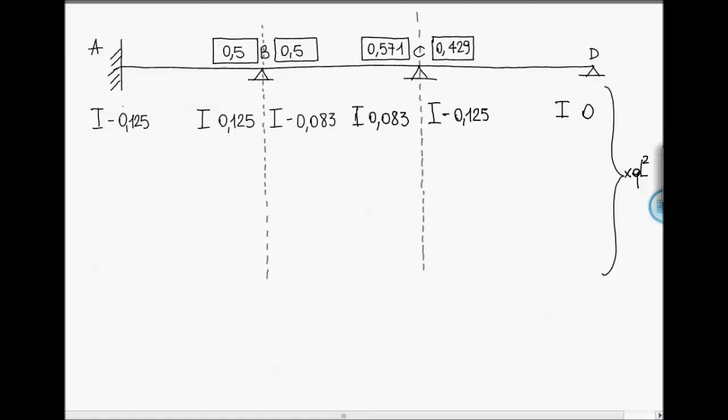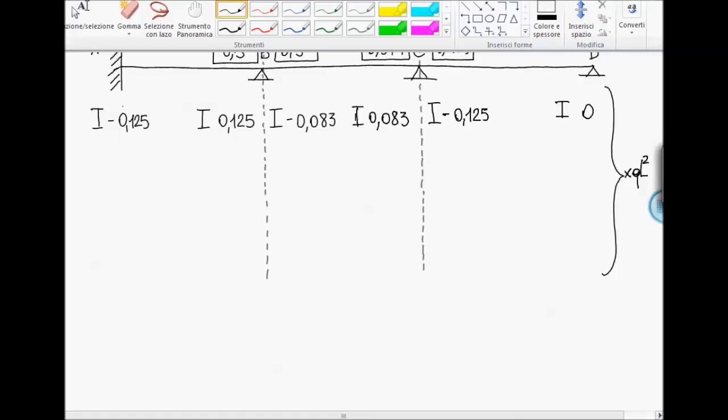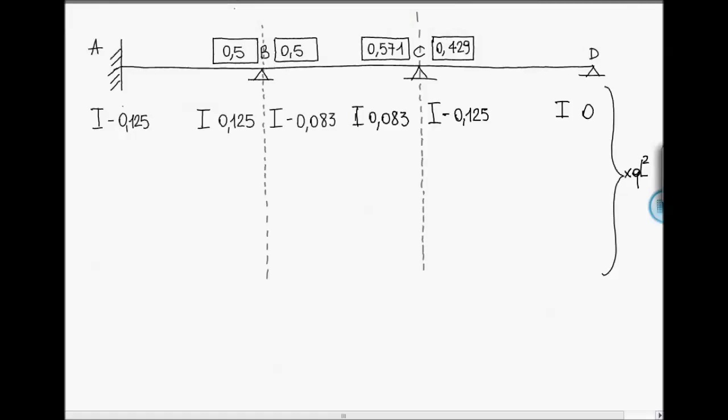So, we have to start from a node which is not balanced. We will start from node B. We have to sum up the bending moments coming from the first phase, and then distribute the resultant according to the distribution factors we have just calculated. So we obtain a second bending moment on B on the left equal to minus 0.021, since it has to be opposite with respect to the moments coming from the first step, which is equal on the right.